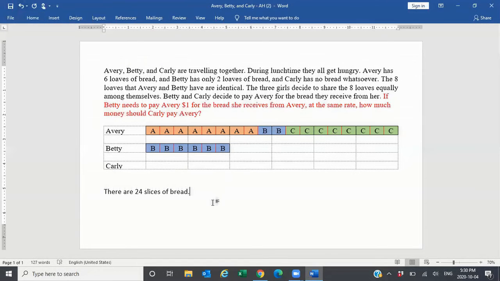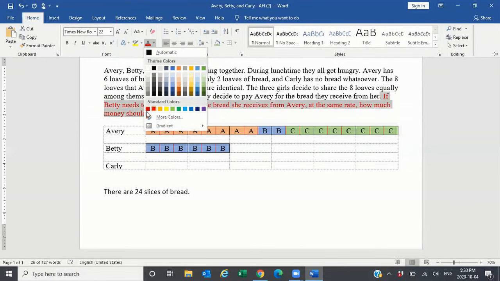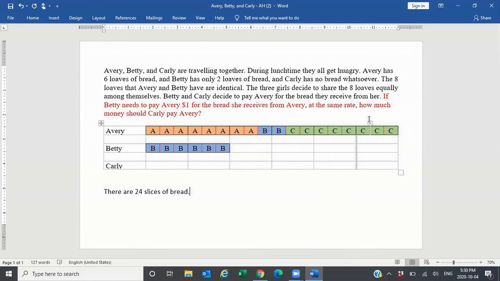Yep, this red is good, but it's a bit too bright for me. I also got that period too. I'll fix that. Oh, maybe a darker red. Like this. Yeah, that's much better. There we go.